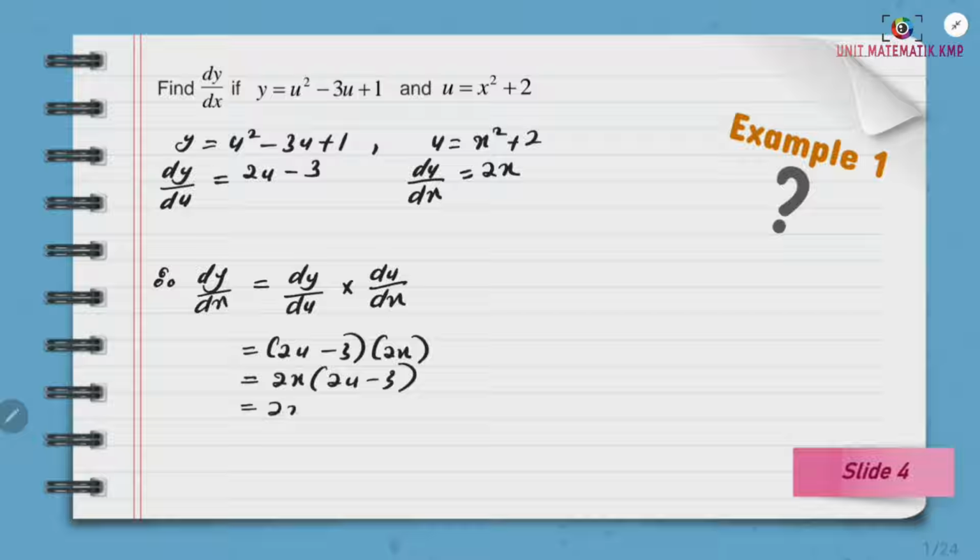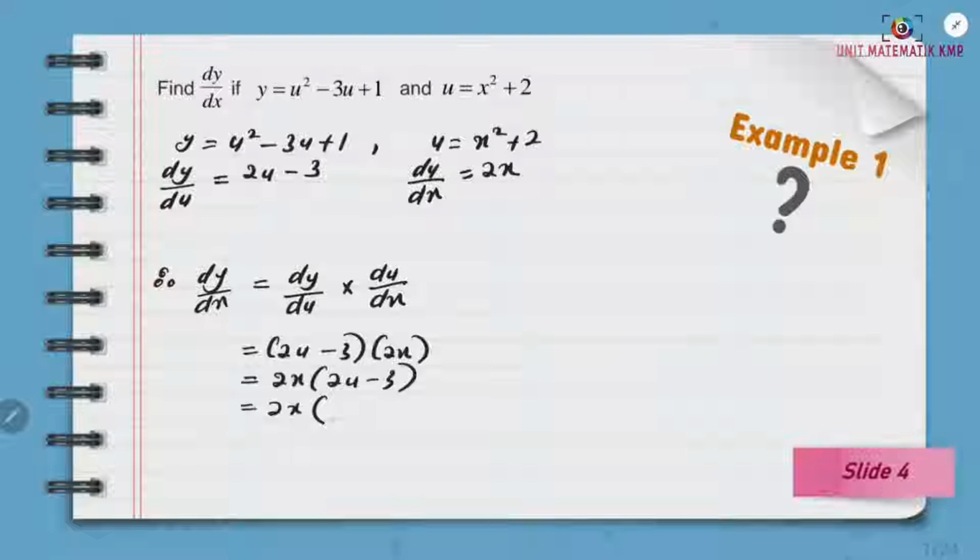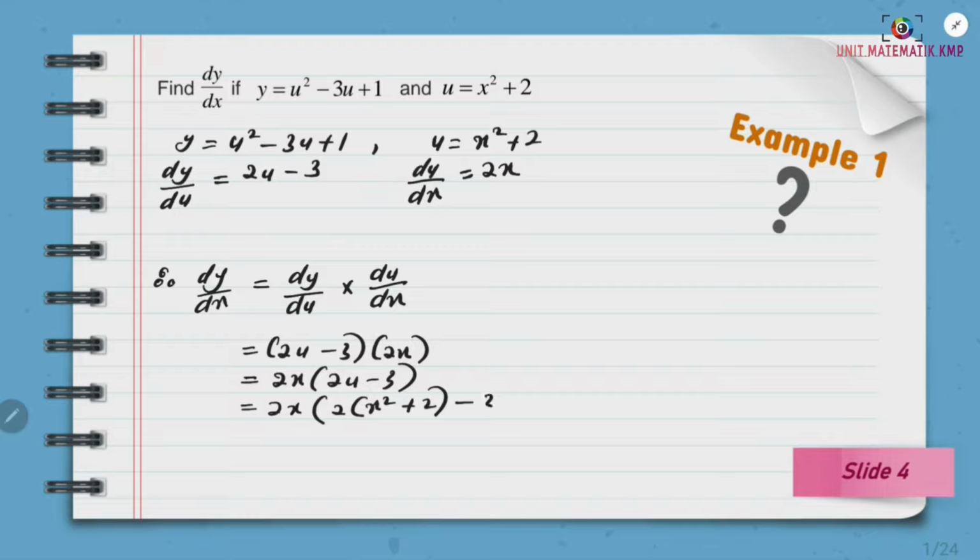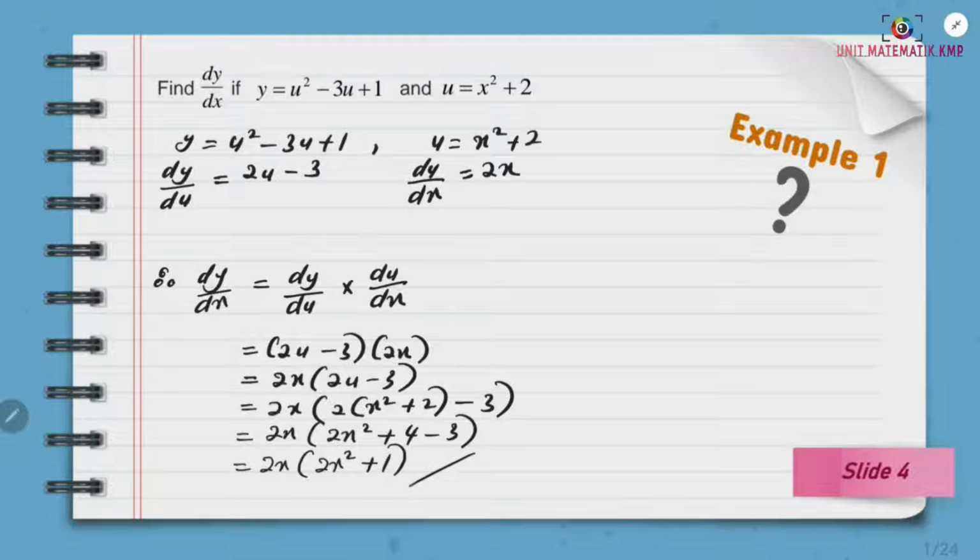Now, 2x times, we substitute u is x squared plus 2. 2 times (x squared plus 2) minus 3. And we simplify in bracket: 2x times (2x squared plus 4 minus 3) is equal to 2x times (2x squared plus 1).